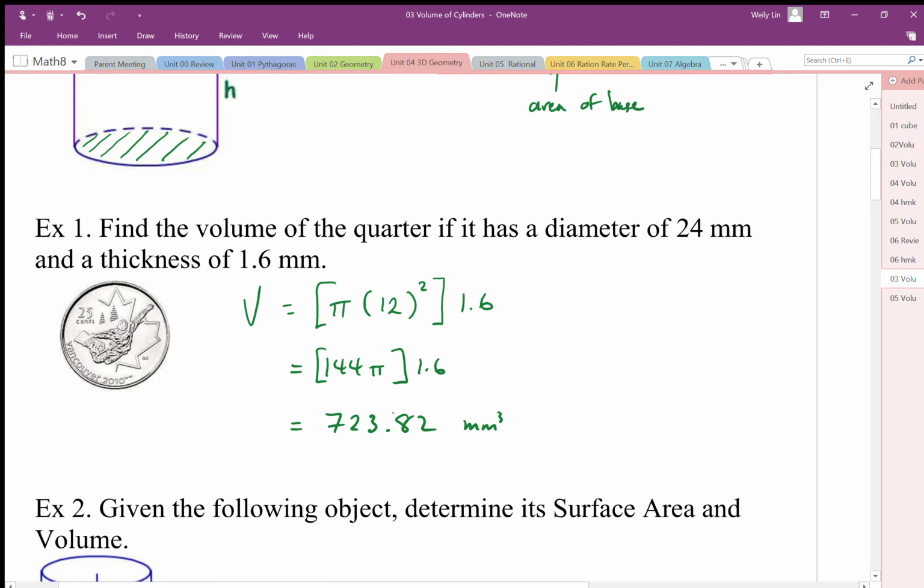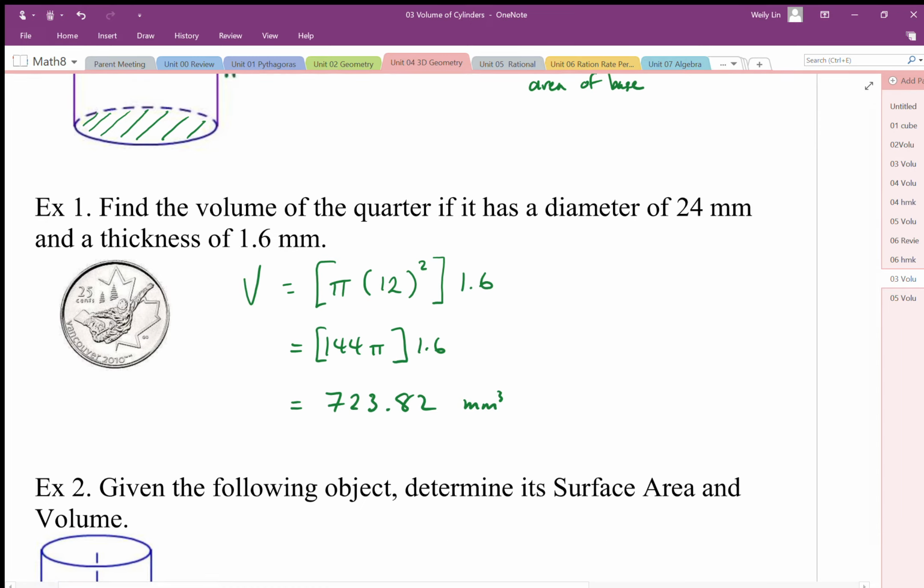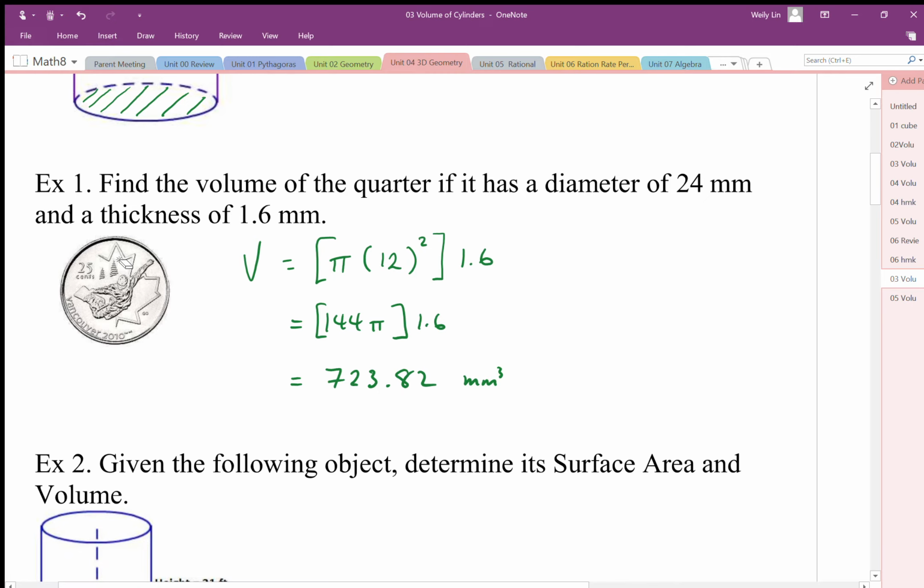Now if you're off by a few decimals, that's fine. That might be from rounding, so anything near that will be an appropriate answer. And so inside here, if you think about 1 millimeter cubes, really tiny, there's about 724 of those that fit inside a regular quarter.